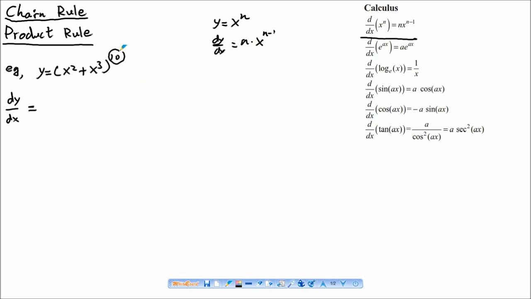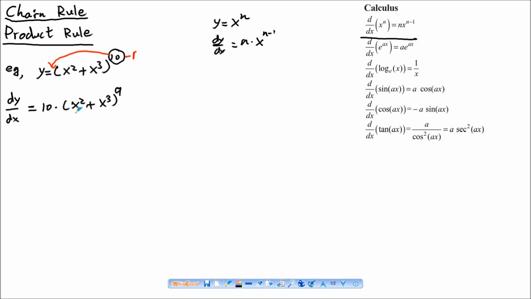First, I move the power 10 to the front, and leave it minus 1. I will have 10 times bracket x squared plus x cubed bracket power of 9.